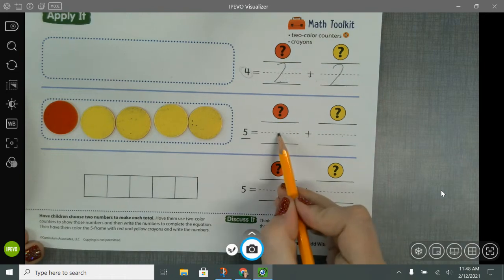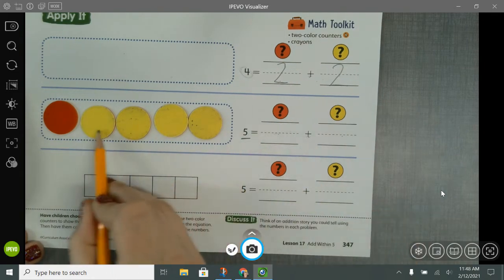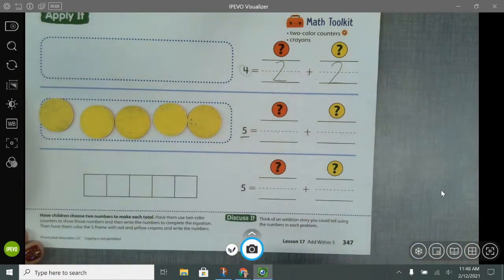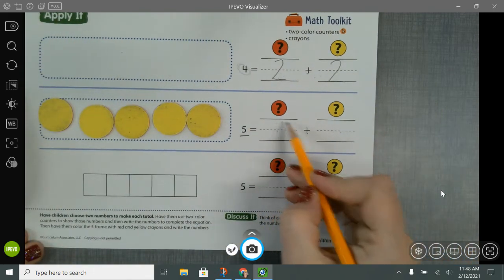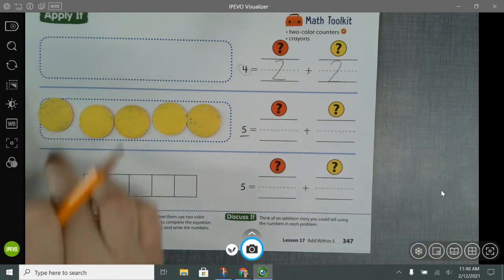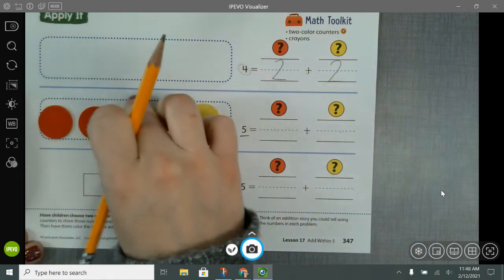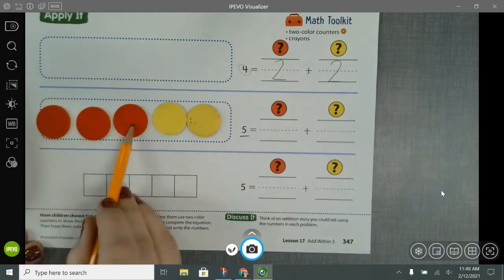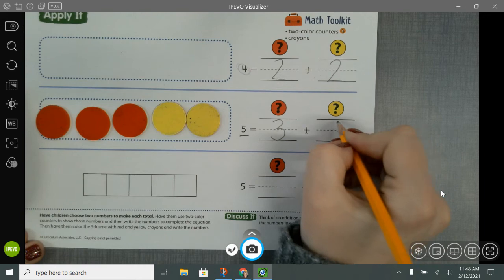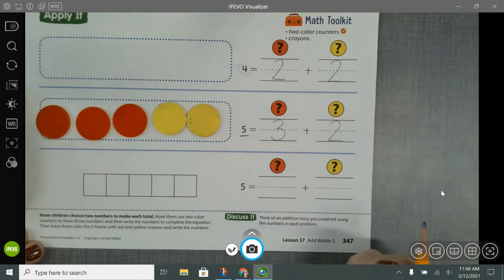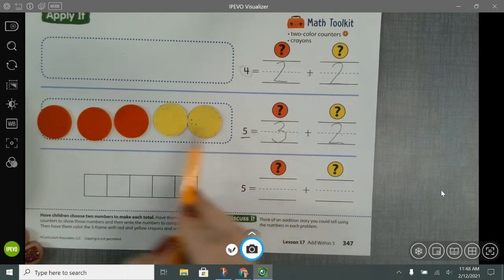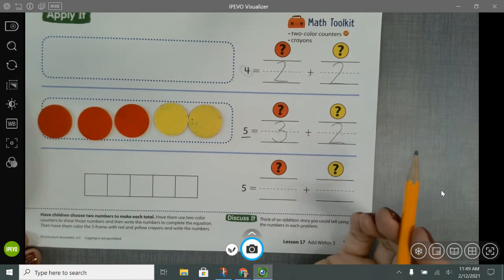You could have had 1 plus 4. 0 plus 5. There's lots of ways you could have done it. I'm going to do 3 reds plus 2 yellows equals, or is the same as, 5.